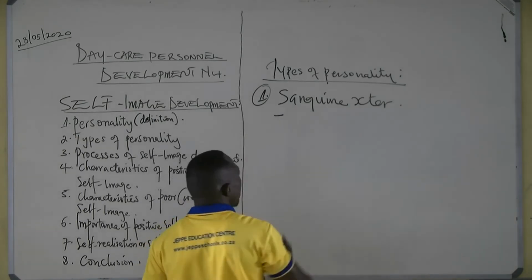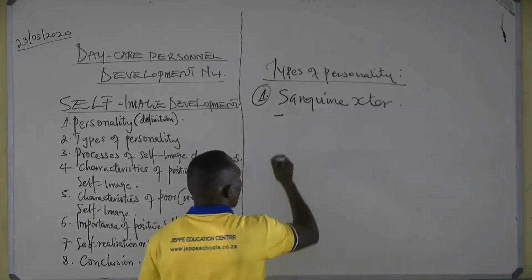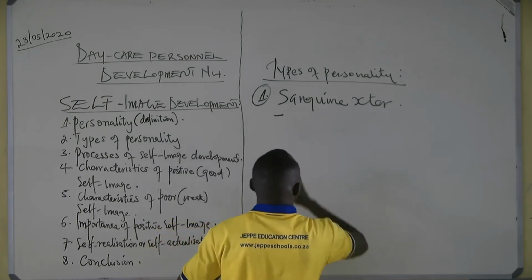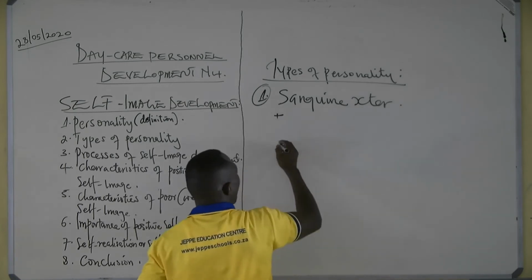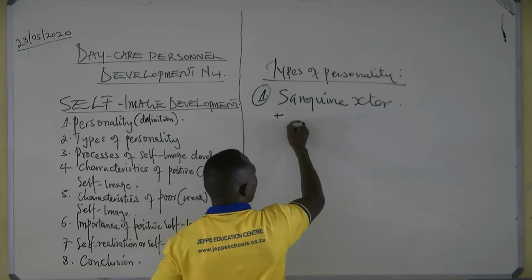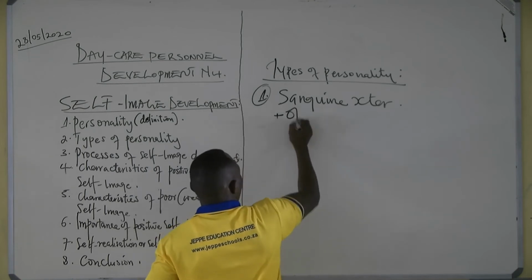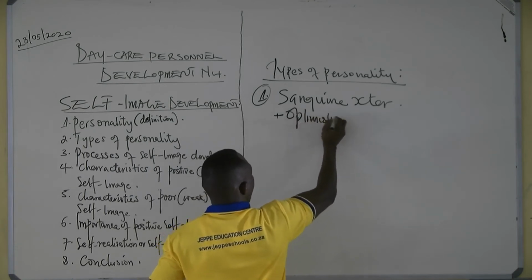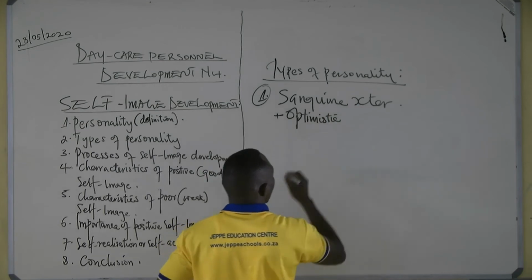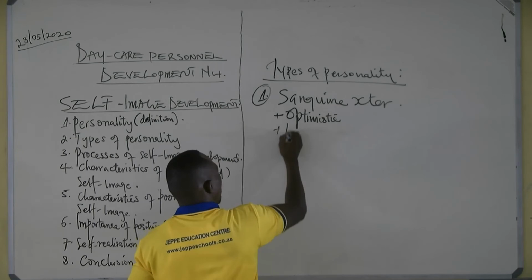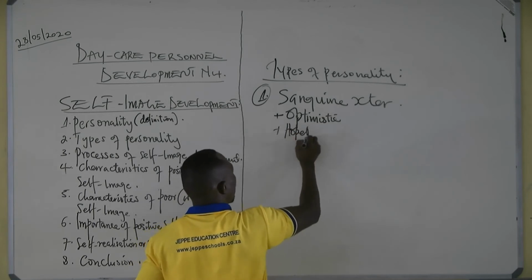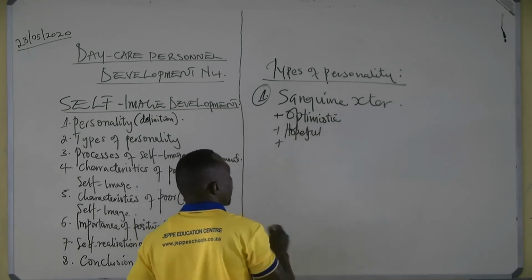So what do we mean by sanguine character? Sanguine character is when a person has the following characteristics. For example, one, sanguine character is when a person is optimistic. Or sanguine character is when also a person is hopeful.